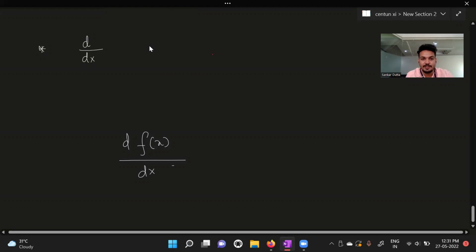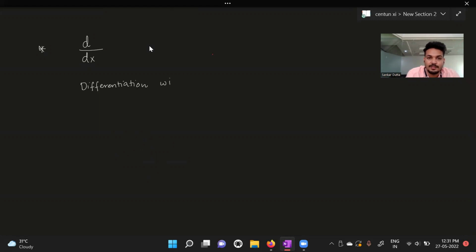This means you are differentiating f(x) with respect to x. Whenever you write x in the bottom, it just means you are differentiating with respect to x. Differentiation with respect to x. So this is the operator.